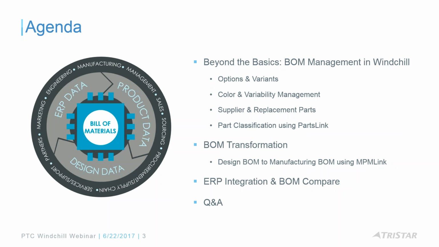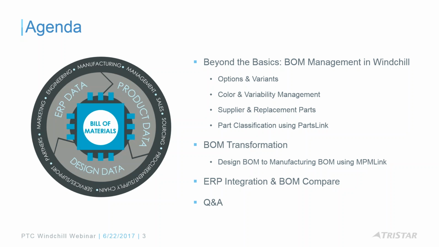Also, how we can put in some supplier part information, as well as any replacement parts that I need to communicate in my BOM if some parts are not available.